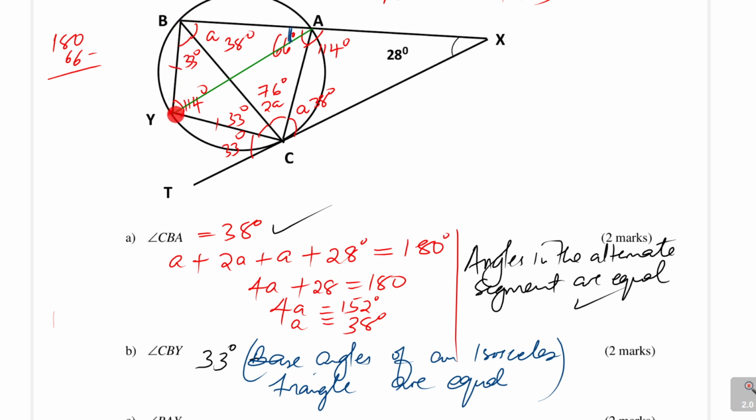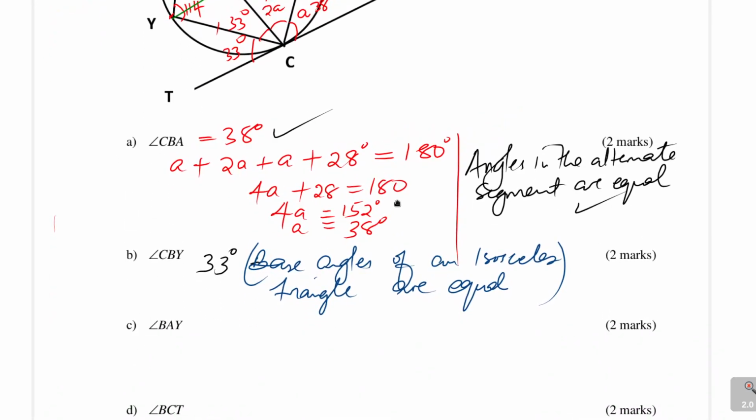So this is the chord that is subtending this angle BAY, that angle, and also this angle here BCY. So therefore this angle is also 33. So that angle is 33.